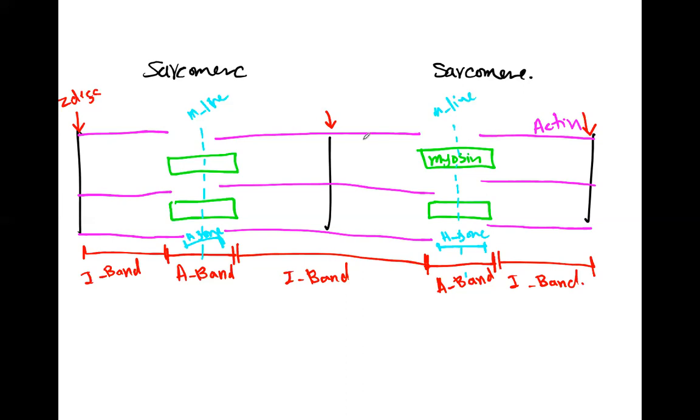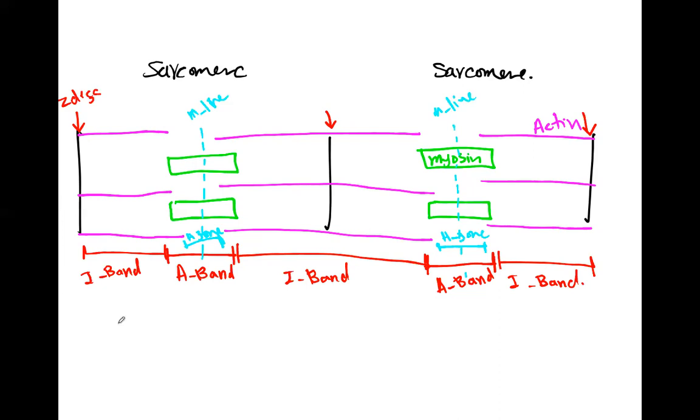So when you look at it under the microscope, you get light, dark, light, dark, light, and it can repeat over and over again, and that gives you the striation pattern you see in skeletal muscle.